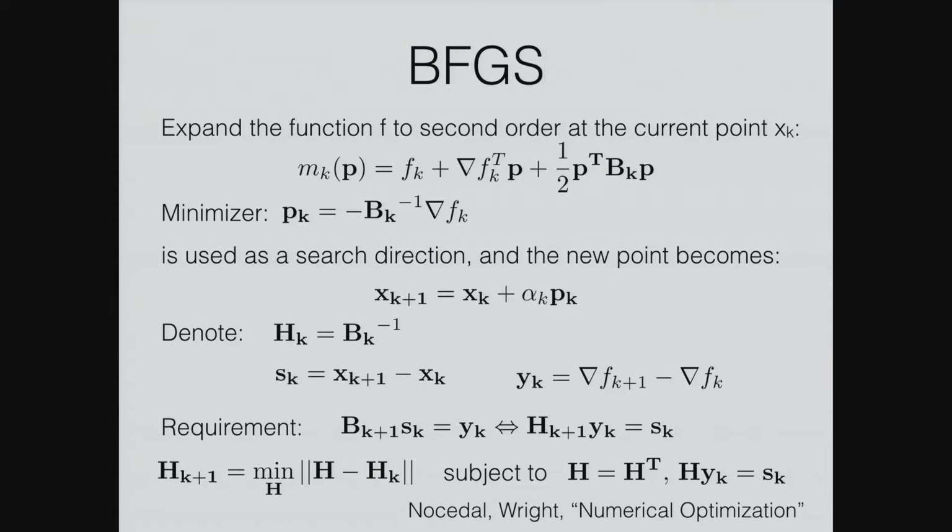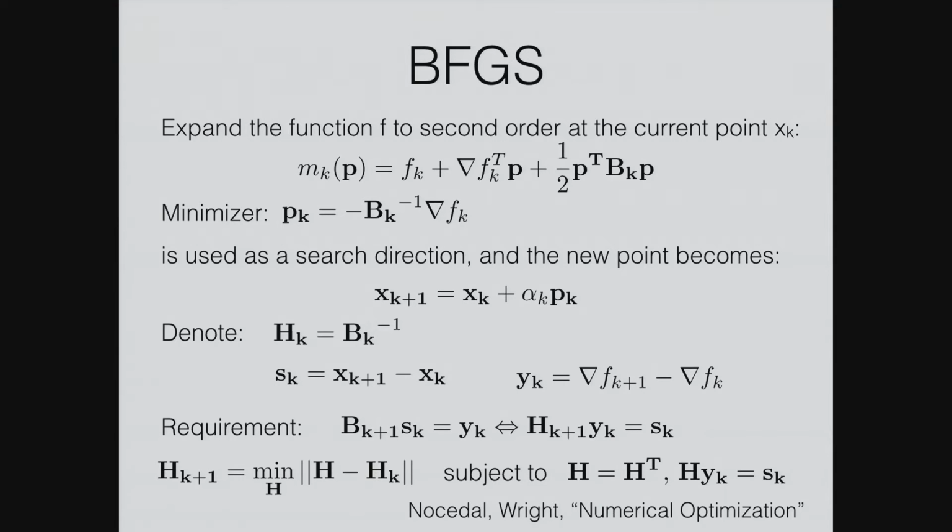If I'm going from xk to xk plus 1, and the gradient changes from gradient fk to gradient fk plus 1, I want the Hessian applied to the difference of your points to be equal to the difference in your gradient. It's just writing down that the second derivative should be the derivative of the first derivative, and the points are your iterations. So I'm requiring this condition to be satisfied.